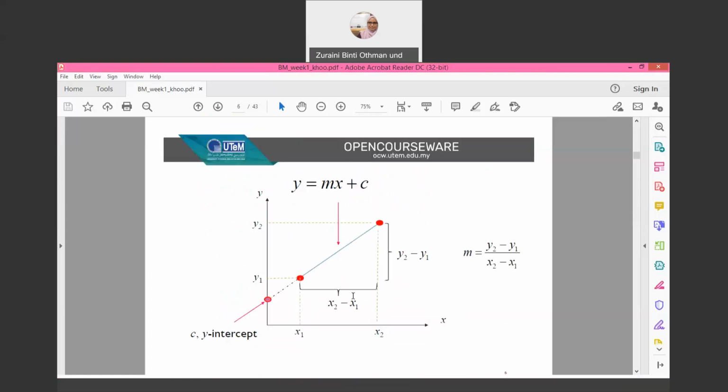m is the slope, ataupun kecerunan, or we call it the gradient. This is the graphical description of y is equal to mx plus c, and this is the y-intercept like I said just now.